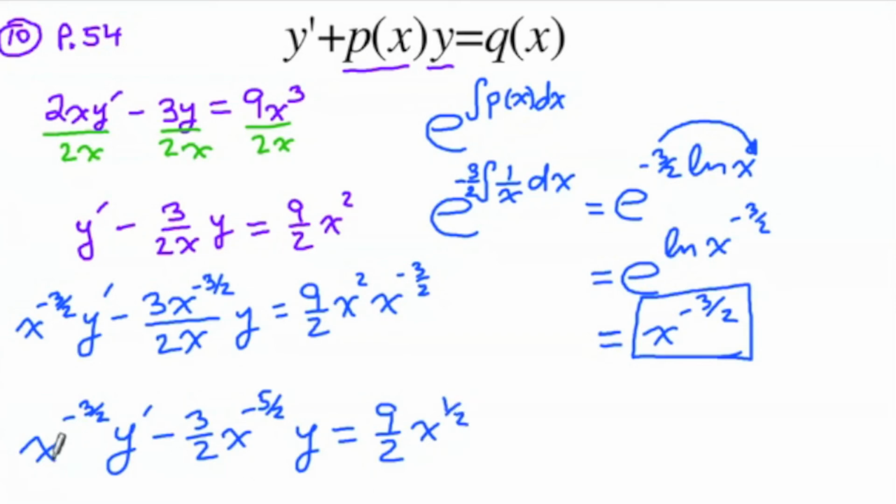Okay. So this is all perfectly set up for the product rule now, because we can look at it as first times the derivative of the second, and the second times the derivative of the first. Now the derivative of x to the negative 3 halves is negative 3 halves x, and you lose a power, negative 5 halves. So let's take this over to another page so we can finish it.